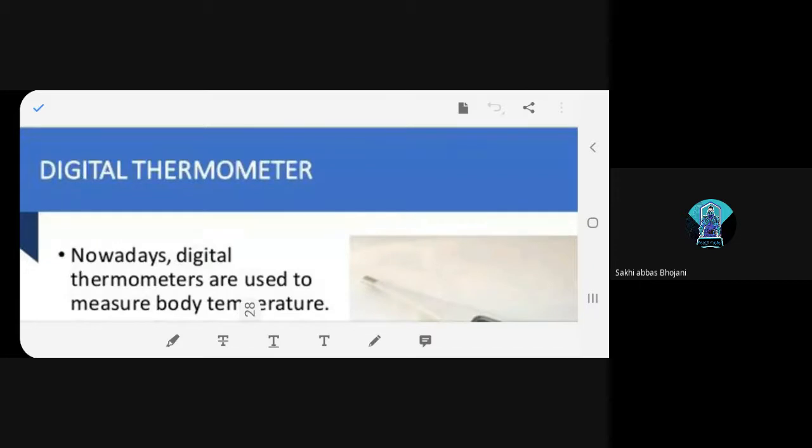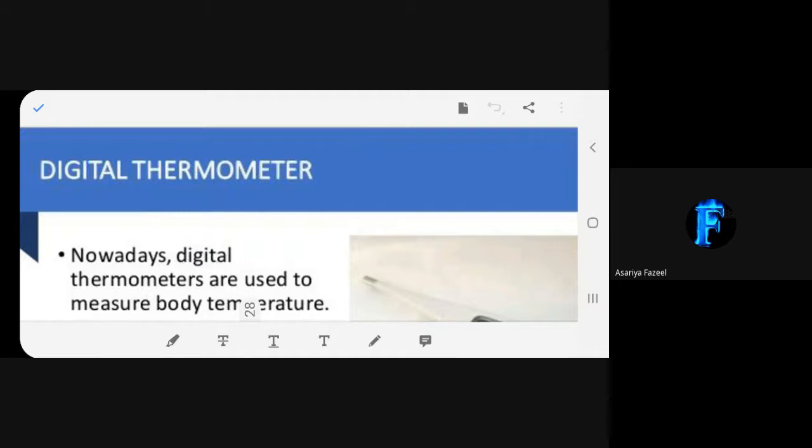Then we come to laboratory thermometer. It is used for what? You don't give the answer, I will not continue. Remember that. Laboratory thermometer is used for what? For testing hotness. Taking temperature.